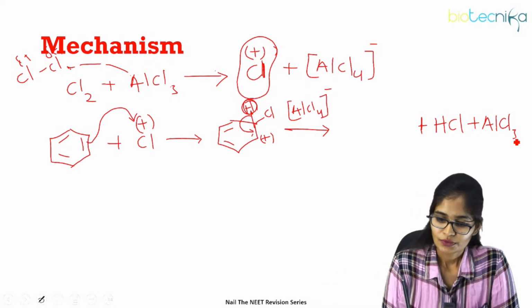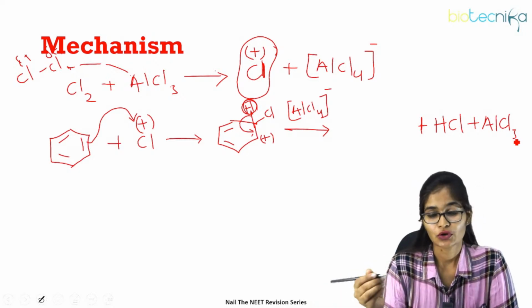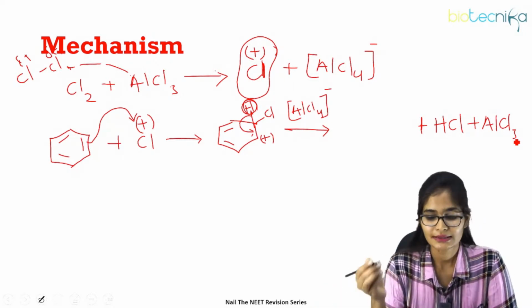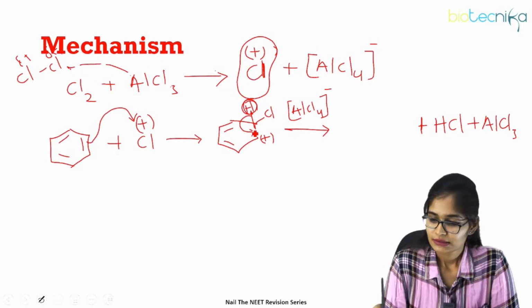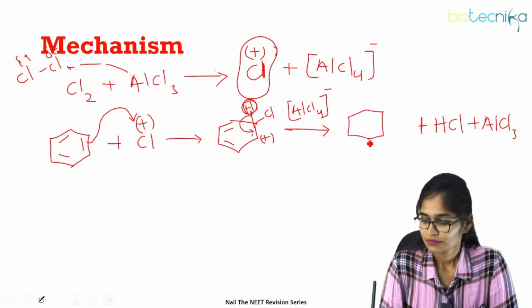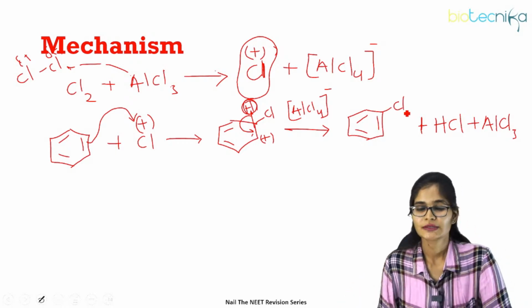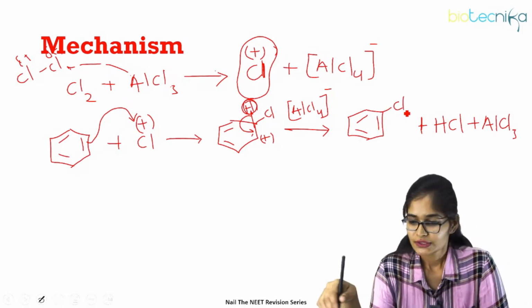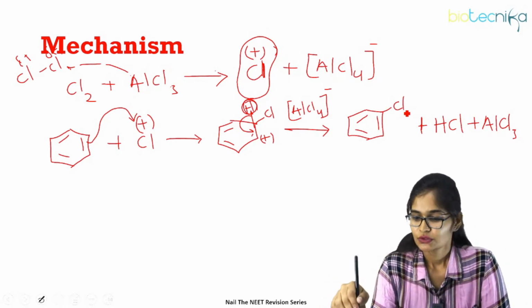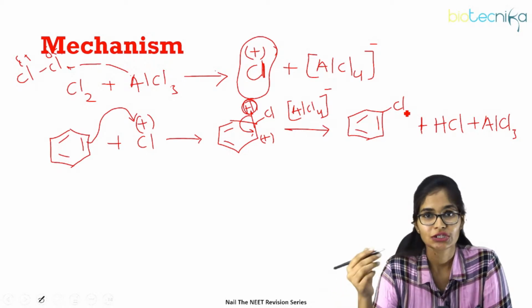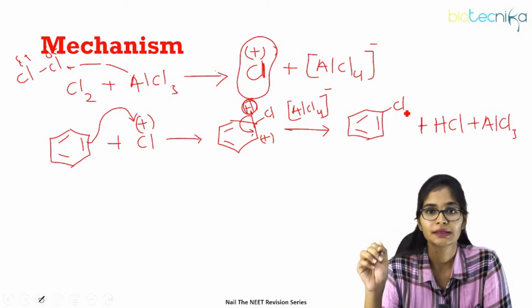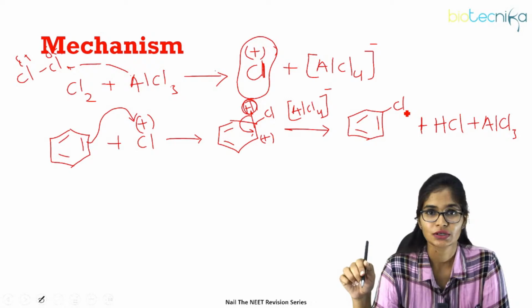Now this H, that is the proton, is going out with chlorine as HCl, and you can see the double bond as it is, and chlorine is already present on the ring. All right, so this is what you can see overall with respect to chlorination, or halogenation, of benzene, which is an electrophilic substitution reaction.